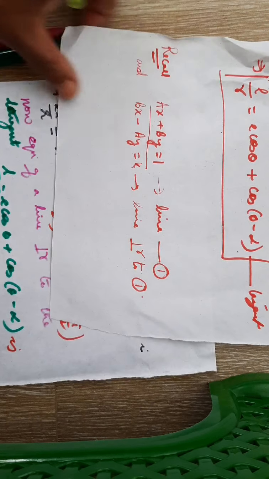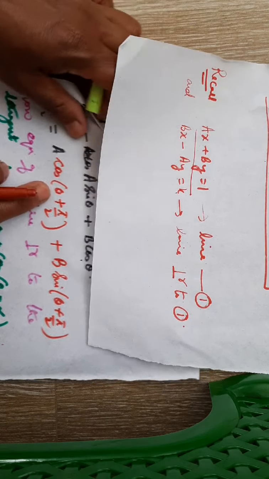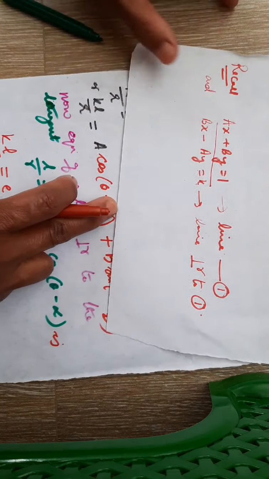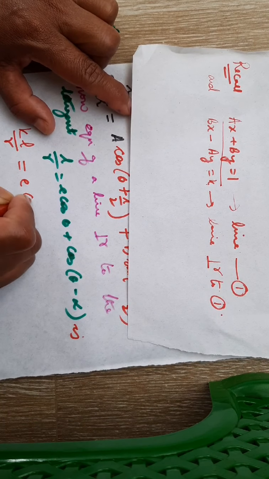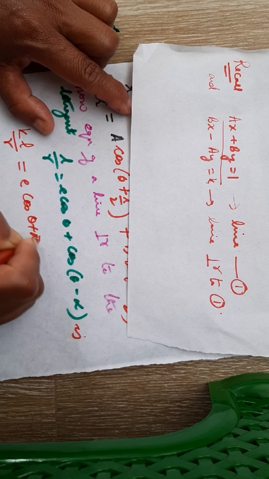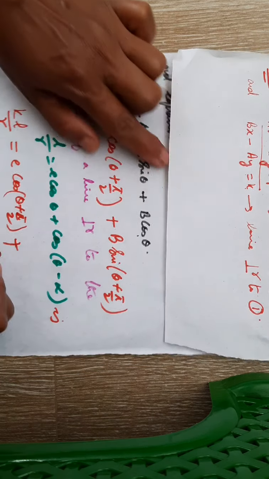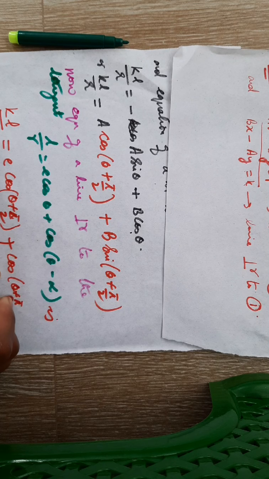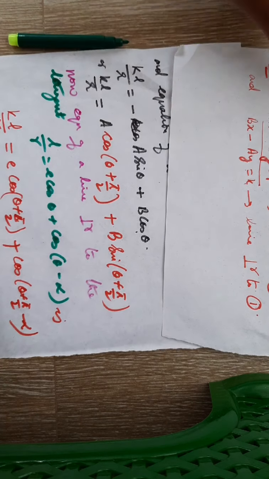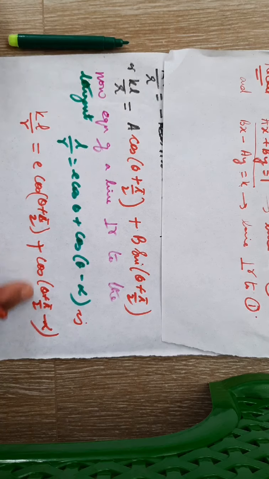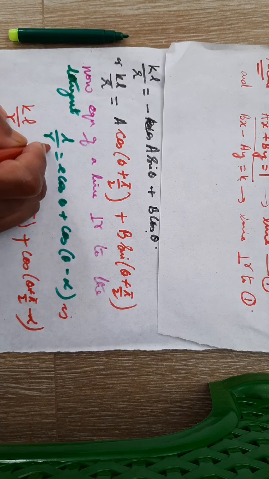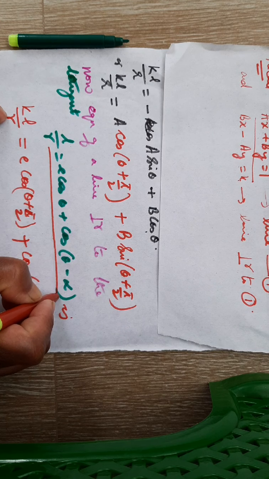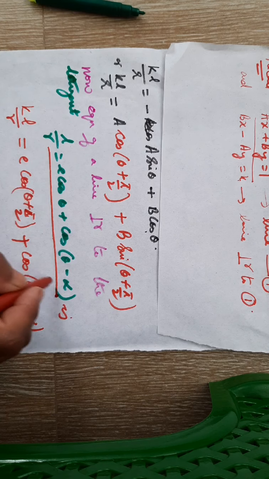Now here for the line to be perpendicular to this one, we have to replace theta by theta plus pi by 2. So it will be cos of theta plus pi by 2 plus cos of theta plus pi by 2 minus alpha. So this is the equation of the line which is perpendicular to the tangent to the conic in polar form.